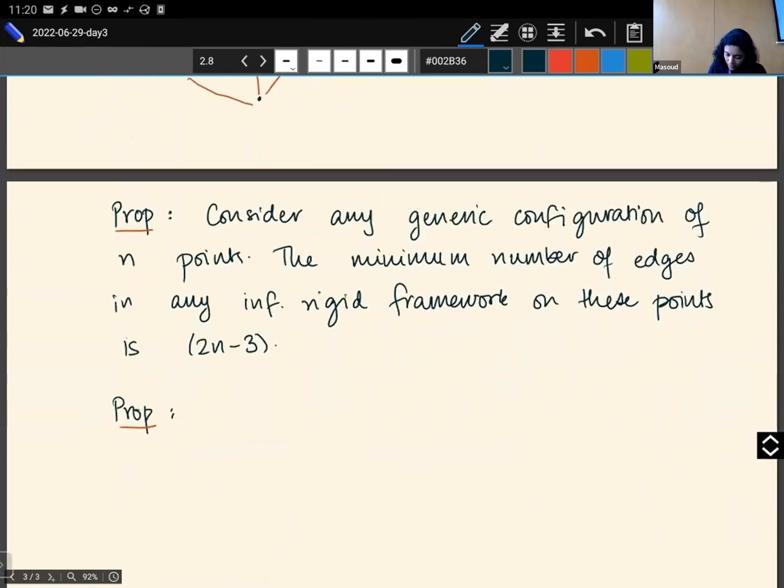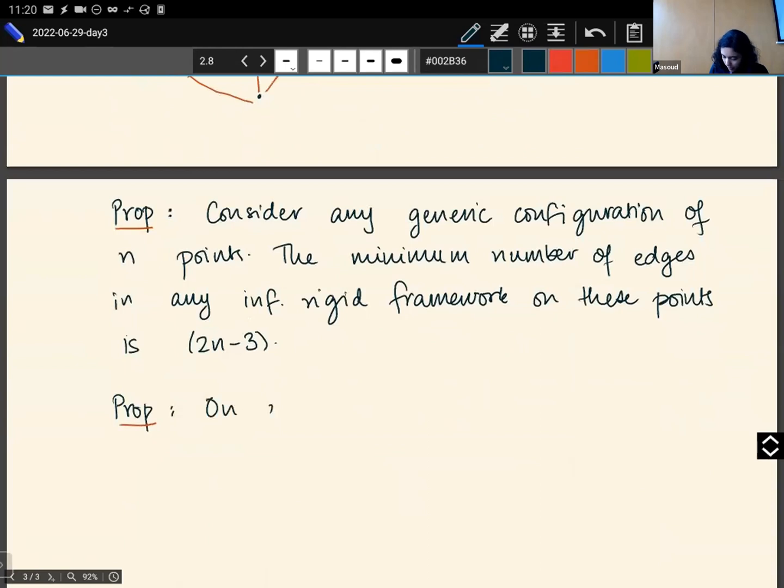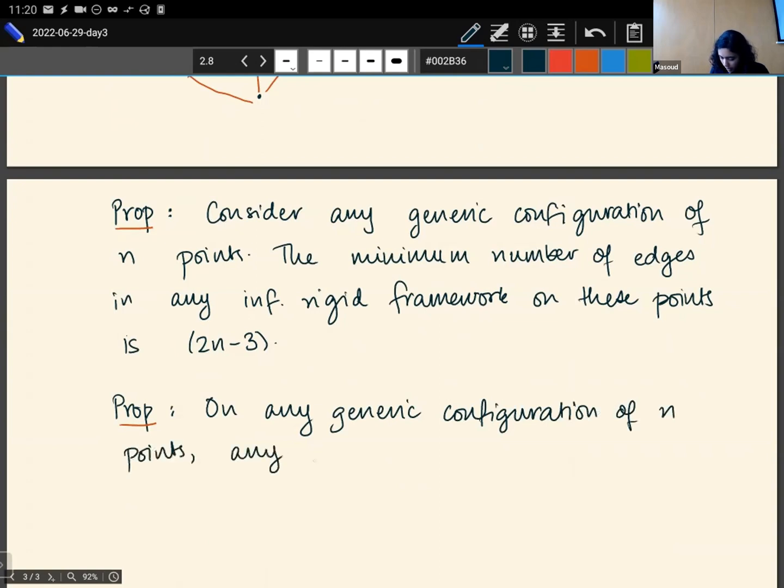Okay, so and of course, not only is it infinitesimally rigid, it's minimally infinitesimally rigid, right?